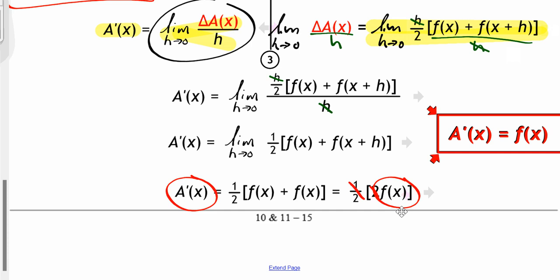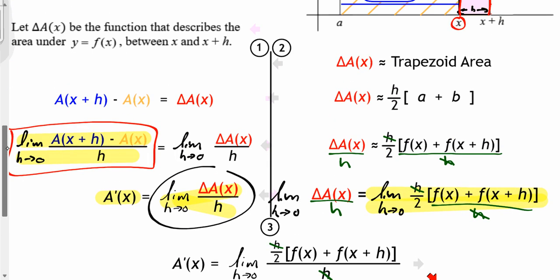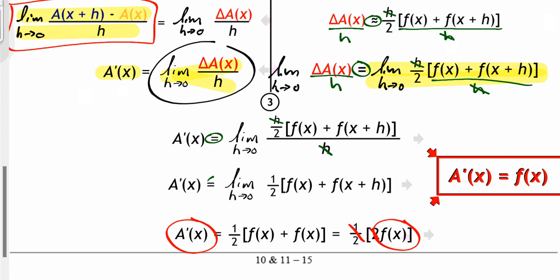So notice, here my change in area was approximately the trapezoid area. But notice here, once I did the limit as h goes to 0, both of them go to 0. It's exactly the area. So now we have equal signs. It's exactly equal to.